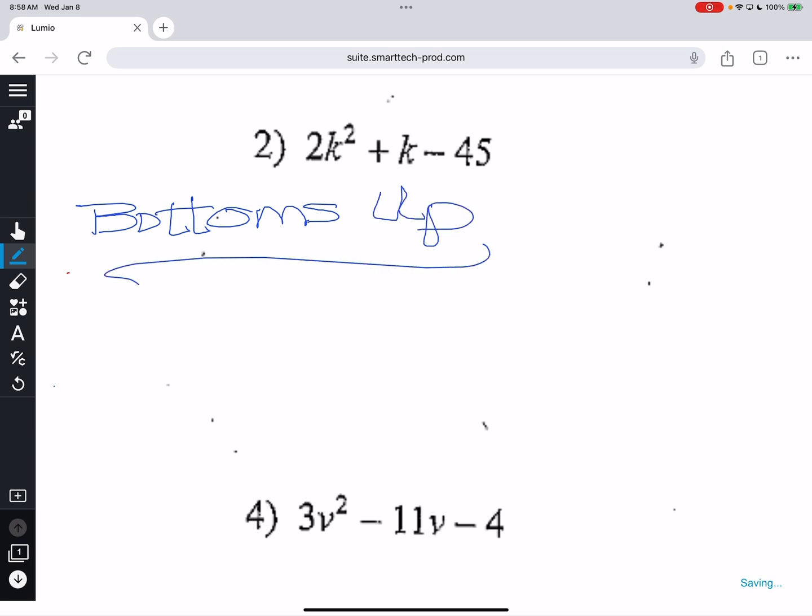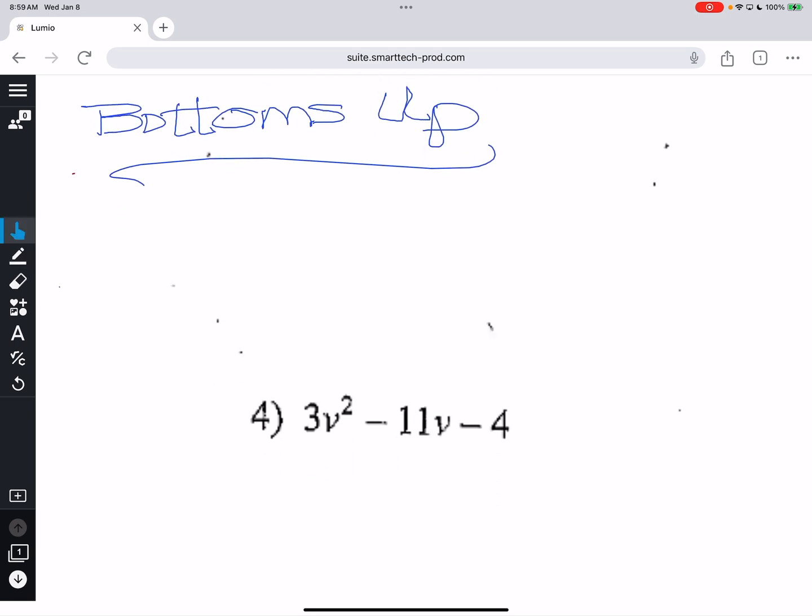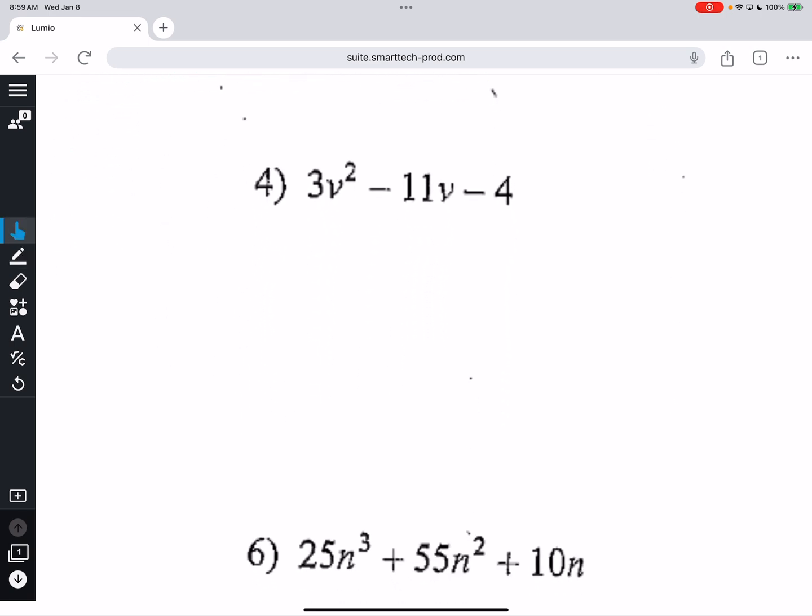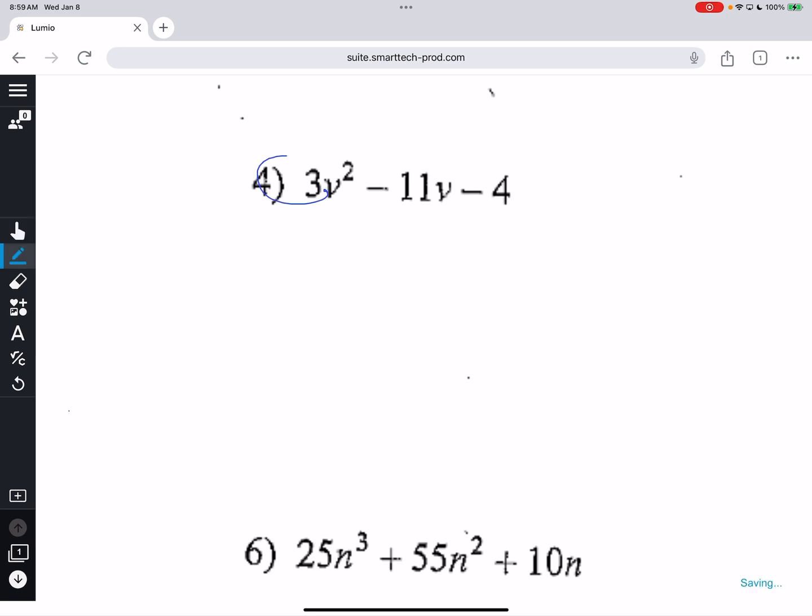Bottoms up. You could do it with the first one that we just did. You'll just probably need a calculator to list all the factors, because here is how it goes. You're going to take your lead coefficient. In this case, it's 3.